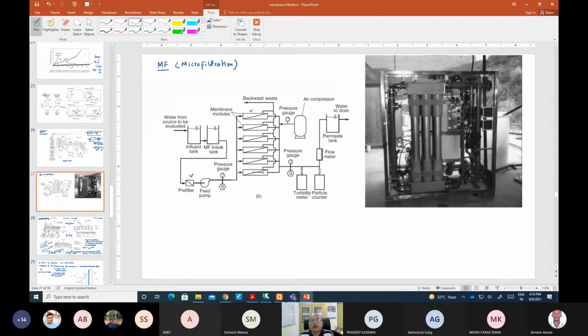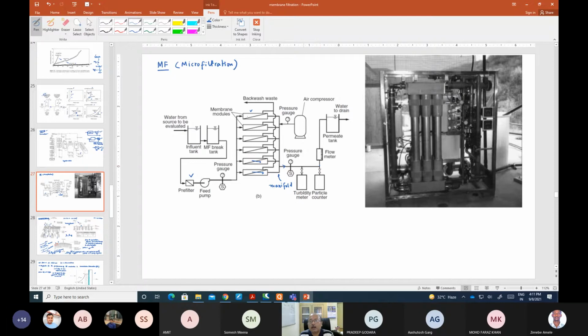The permeate or the clear water passes through this membrane, and then it gets collected in a common pipe. This common pipe is called a manifold. The common pipe takes this water right into the permeate tank.